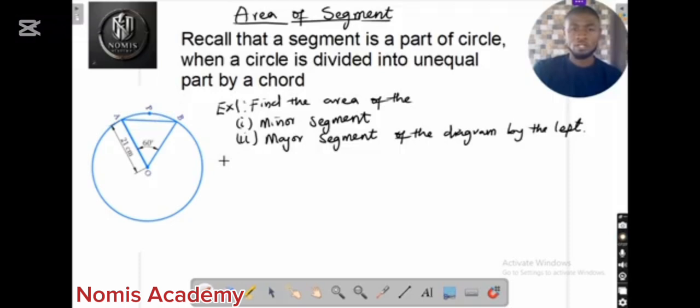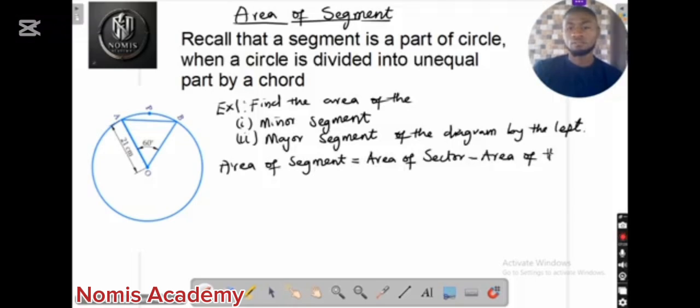So introducing the formula to calculate area of segment, area of segment is equal to area of sector minus area of triangle.